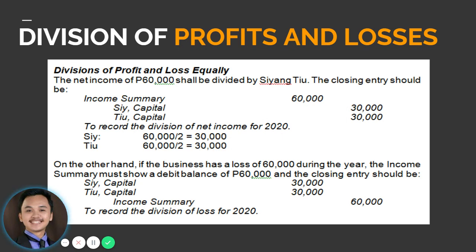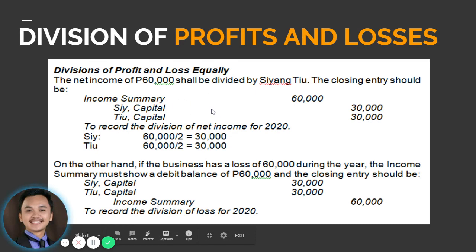And then upon closing this debit balance, it will be closed to your capital accounts. That is why, since there's a loss, it will be debited to the capital accounts of the partners. Based on our discussion in our first video, if there's a loss, such loss will decrease or reduce the capital account of the partners.